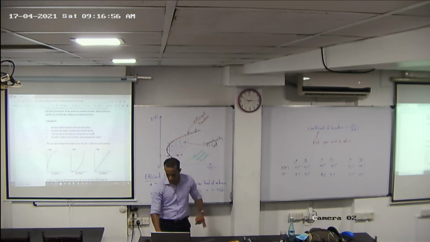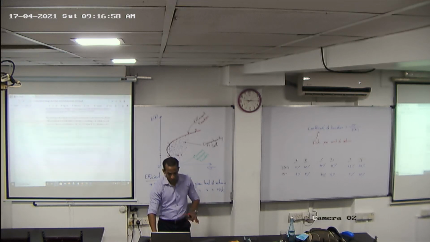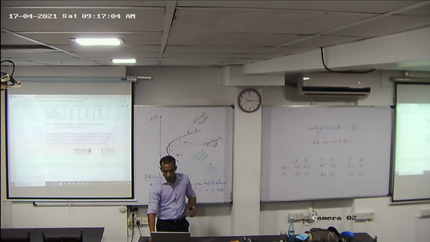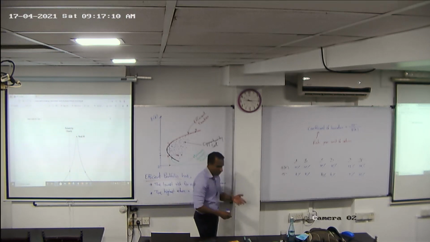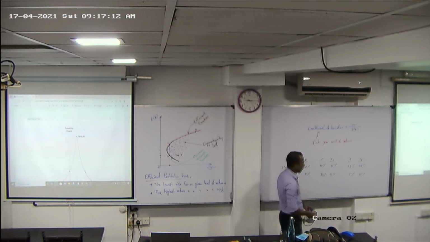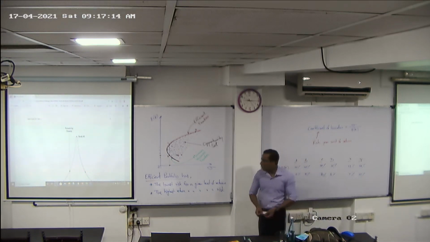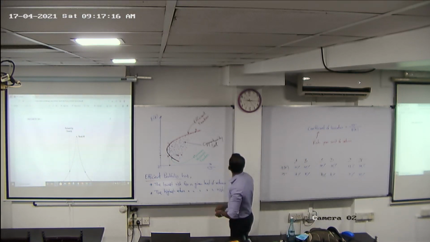But again, that does not mean the investor will select the portfolio with the lower coefficient of variation. Selection is completely based on risk tolerance, the risk appetite. Some investors are willing to take risk, some investors are not willing to take risk.